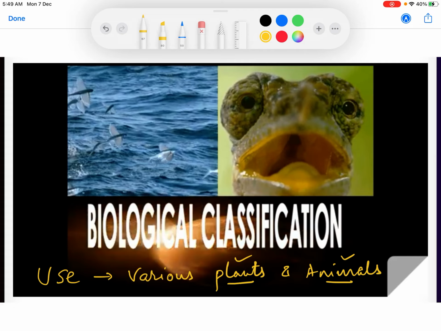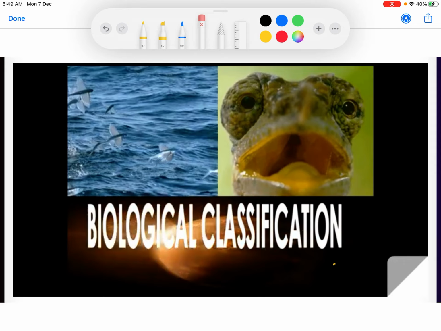This is a key factor, the root cause why a few plants or species of animals needed to be identified. Depending on our needs, we started to identify them and gave them particular names. So this is the root cause why we started to classify various types of organisms.